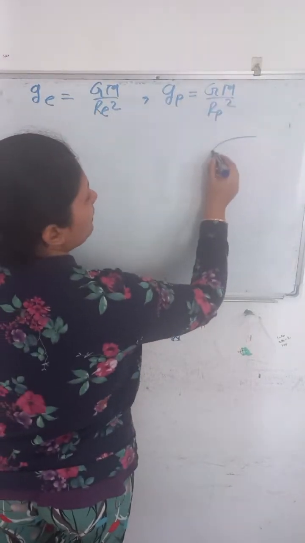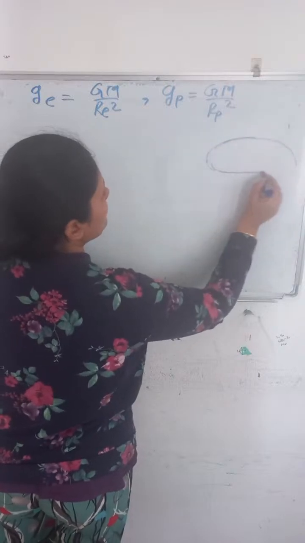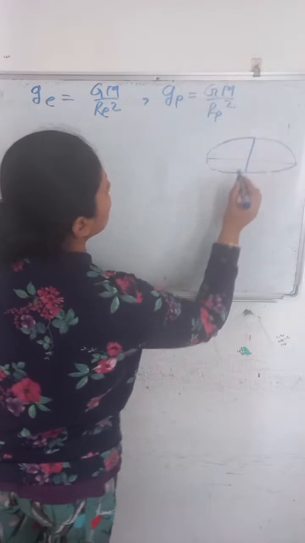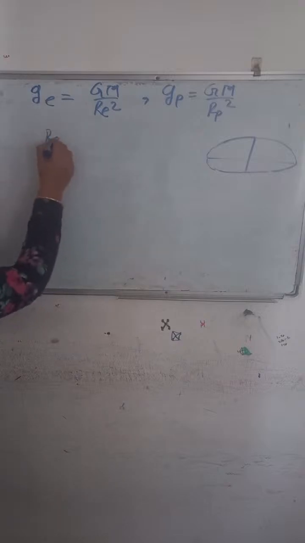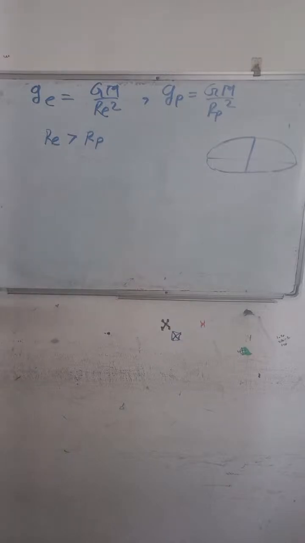Because here we are taking the earth as a spherical shape. It is not exactly a circle, so we have a minor and a major axis. At the equator, the radius of the equatorial point is always greater, so Re is always greater than Rp, which means Rp is always smaller.